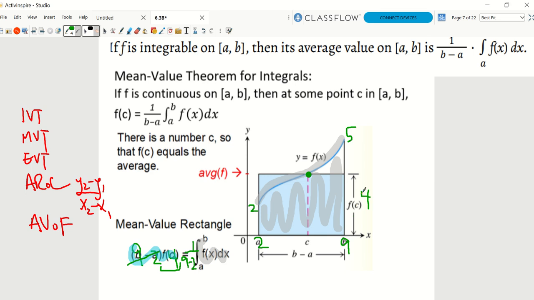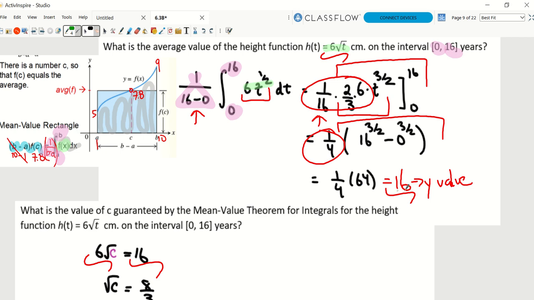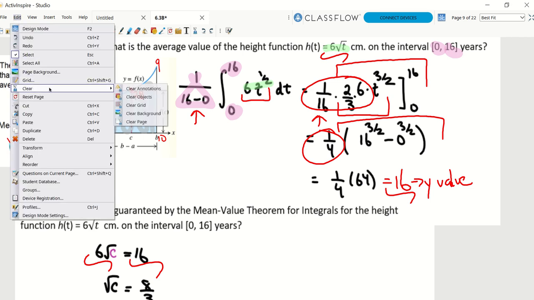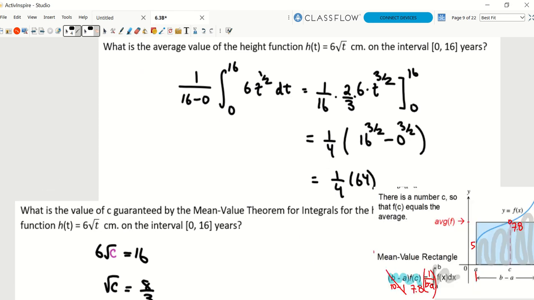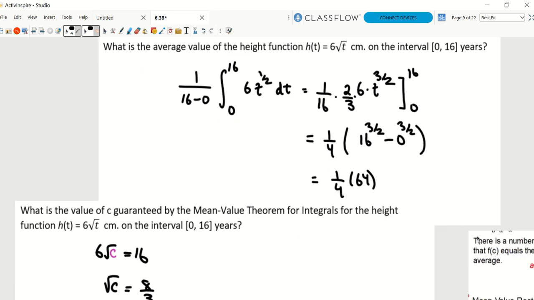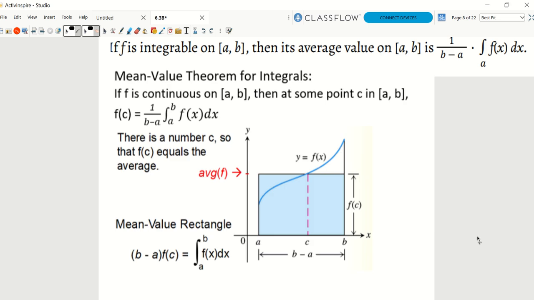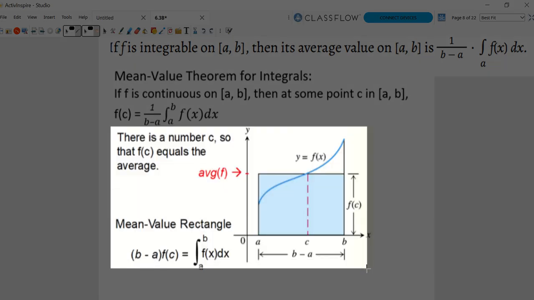All right. Okay, so we're after the y coordinate, long story short. Now, let's actually go through an example here. Let's get some highlights out of the way.